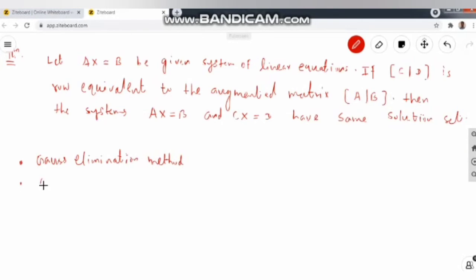Gauss-Jordan method. This is also called the row reduction method.